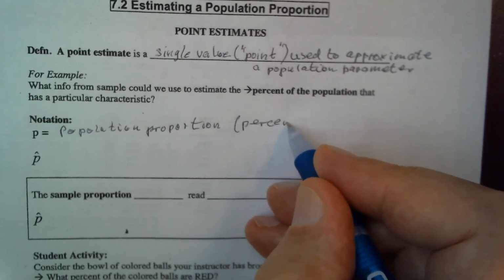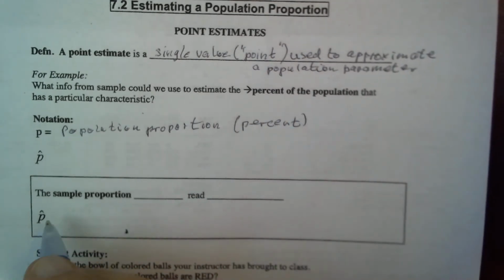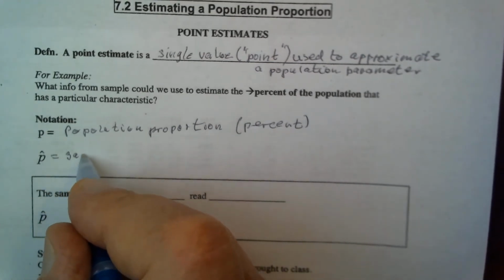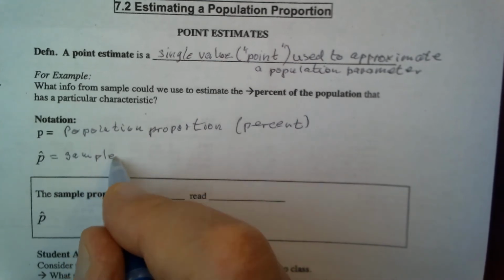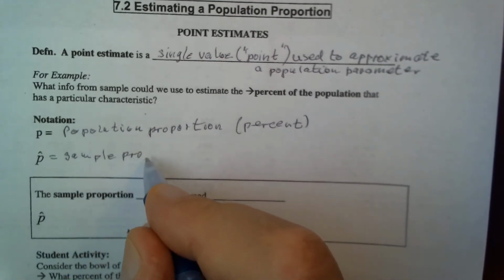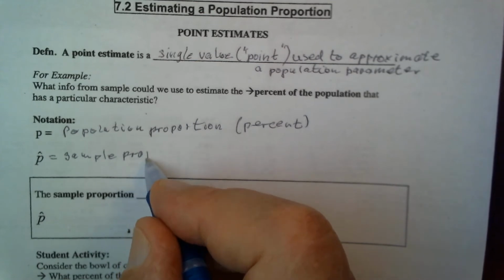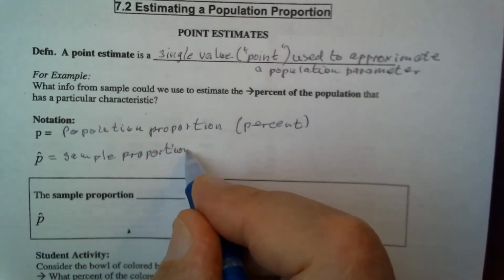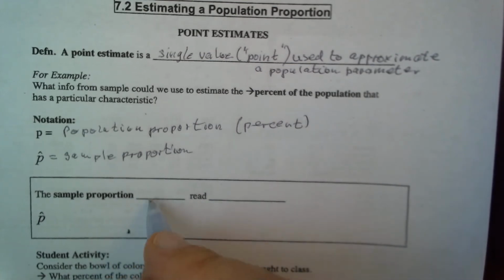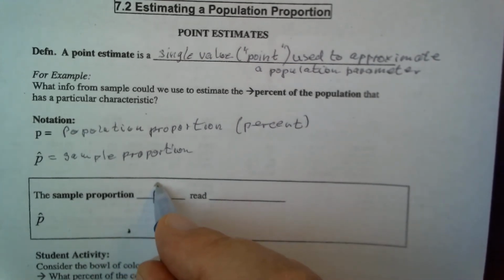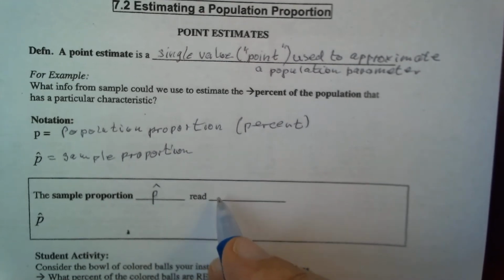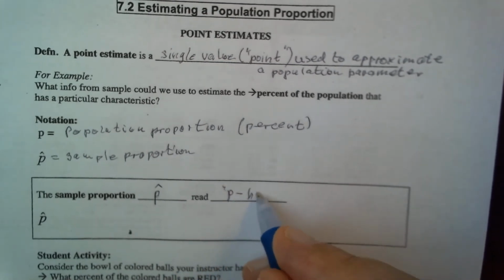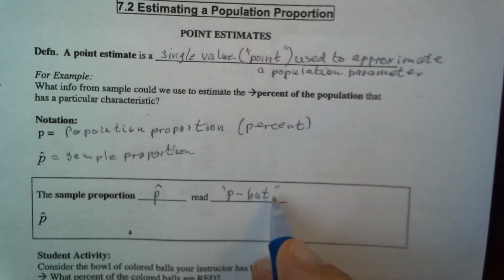And then we have the sample proportion, which we describe like this, and read as P hat. It's got a little hat on it, so it's easy to remember.